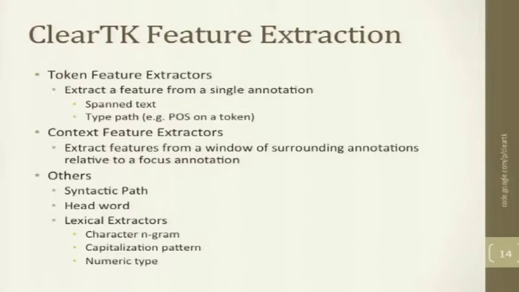The context feature extractors allow you to extract features from multiple annotations that are located relative to a particular focus annotation, for example, the token that you're trying to classify. So you can use this in a lot of different ways. For example, you can extract features from all tokens within two tokens to the left or right of the current token you're looking at.